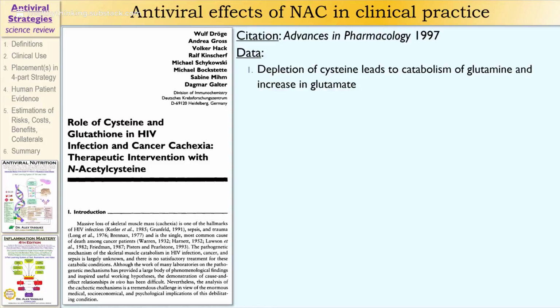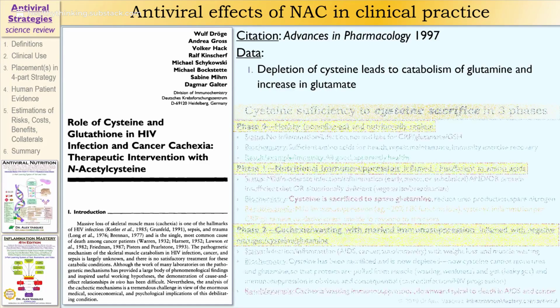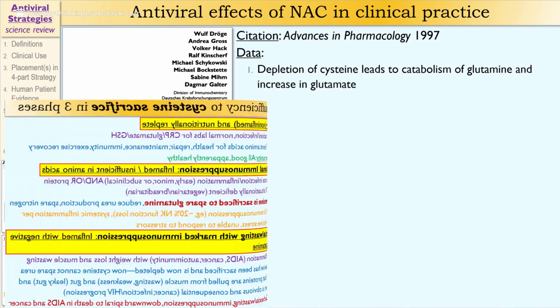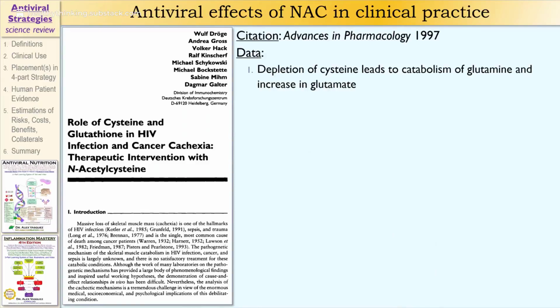So quite obviously, you can measure those things in the blood and determine where a patient is on the spectrum of cysteine sacrifice, which is my terminology for discussing this phenomenon. So based on that information, you can use that clinically to determine where a patient is on the spectrum of cysteine depletion and cysteine sacrifice, leading then to glutamine sacrifice.